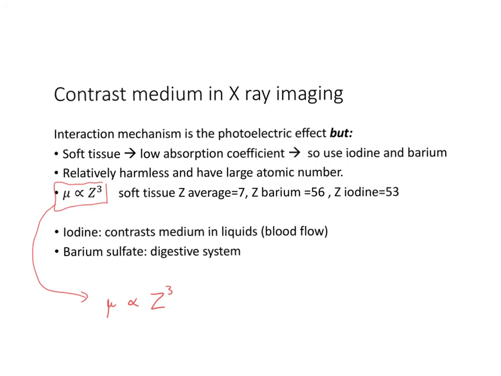So what they tend to use in hospitals is they will inject iodine if they want to see blood flow through different organs, because it provides a high contrast medium in terms of where the blood flows and the tissue that it passes through. And barium sulfate is used in the digestive system.